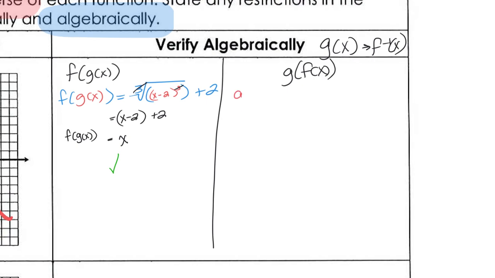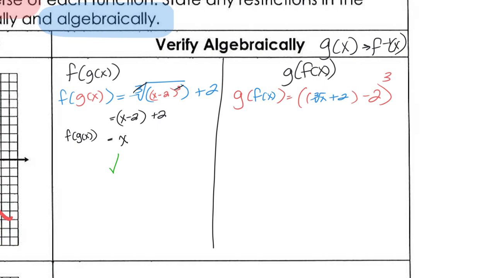So we're going to start with the g function, and everywhere we see an x, we're going to put in our original function. So start with that inverse. Well, we said the inverse was x minus 2 cubed. And my original function was the cube root of x plus 2.